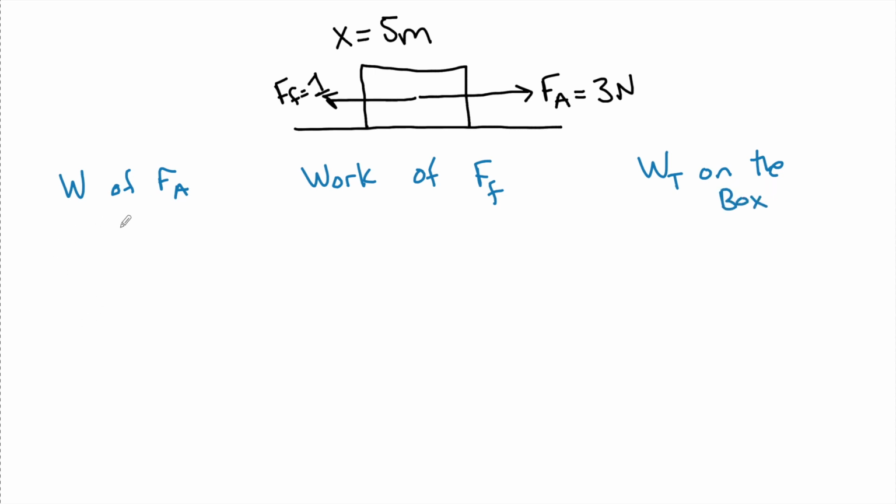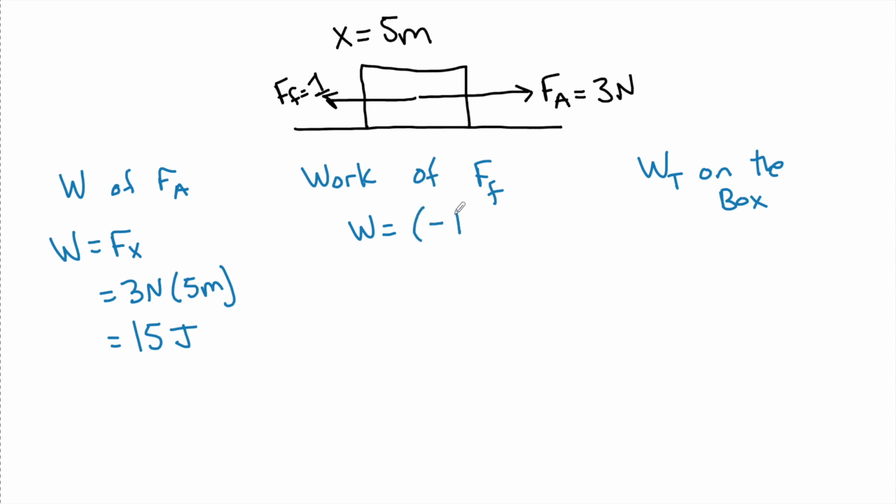So with the work done by just FA, it's going to be the same. Work equals Fx. So we have 3 newtons times 5 meters. That is equal to 15 joules of work. Okay, but now the work done by the friction force is going to be negative 1 because it's in the opposite direction.